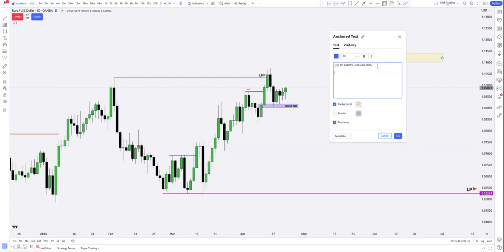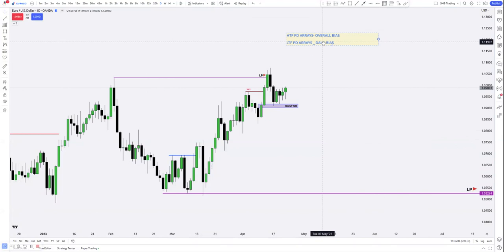And then we have lower time frame PDRA for the daily bias. All right. This is how you determine the daily bias and the overall bias.